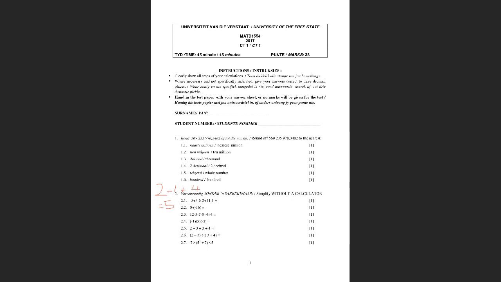Can you please repeat it, sir? Can you see that here we have minus 3 divided by 3? According to BODMAS, we will do the division first. So minus 3 divided by 3, we are going to get minus 1. Then we do the addition. Minus 1 plus 4 is 3.